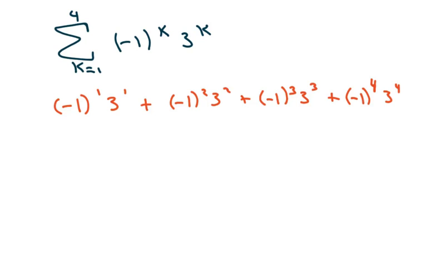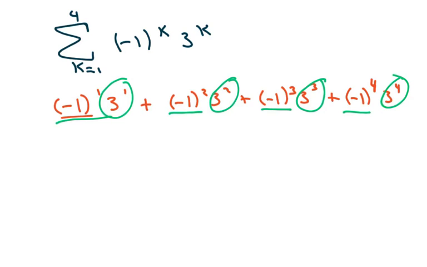We're starting with negative, so it's going to be negative, positive, negative, positive. So it's negative 3, then positive 9, minus 27, plus 81, and that equals 60.